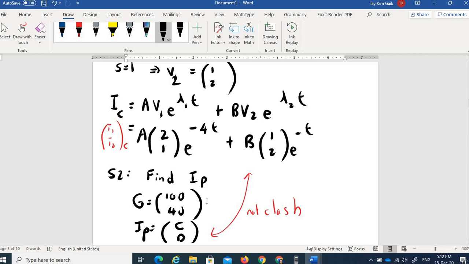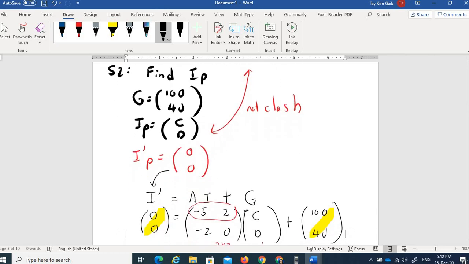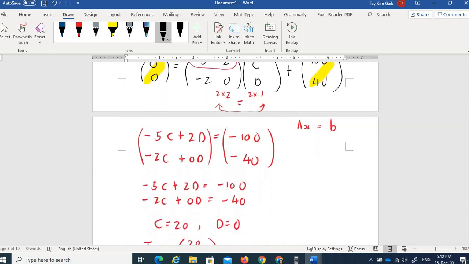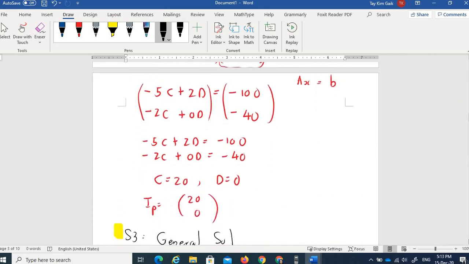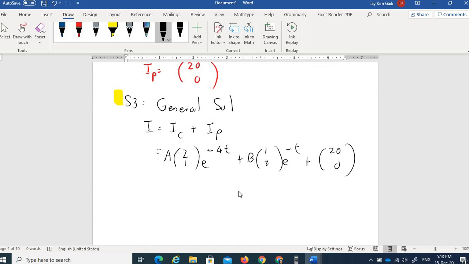But now you have the vector G. So the general solution for the homogeneous system is only the IC, the complementary function for the non-homogeneous system. Then your initial condition has to be plugged into the general solution. So remember, to get the particular solution, you must plug the initial condition into the general solution.